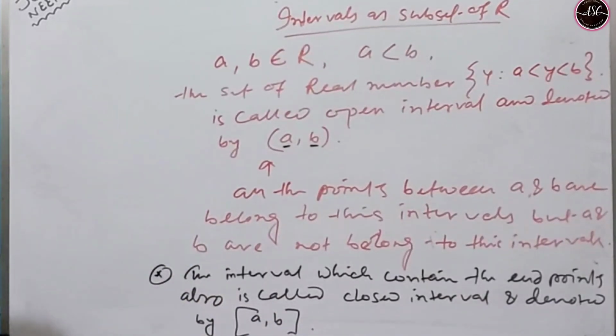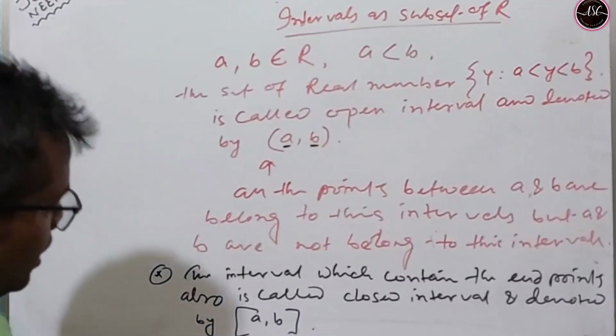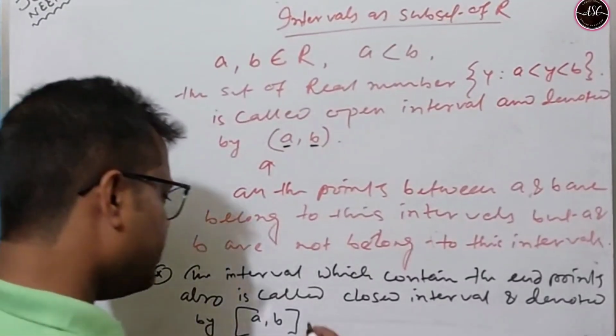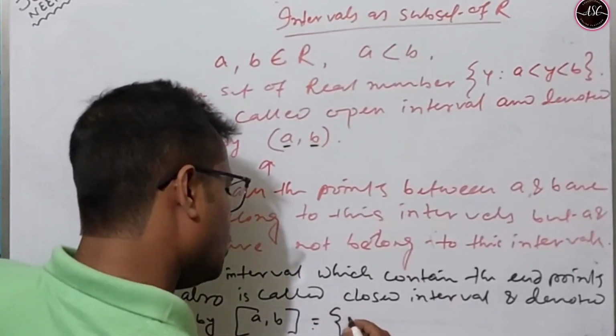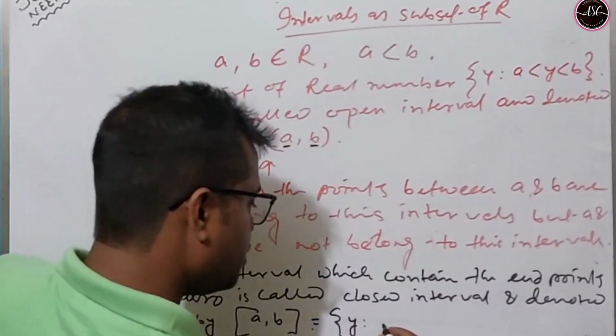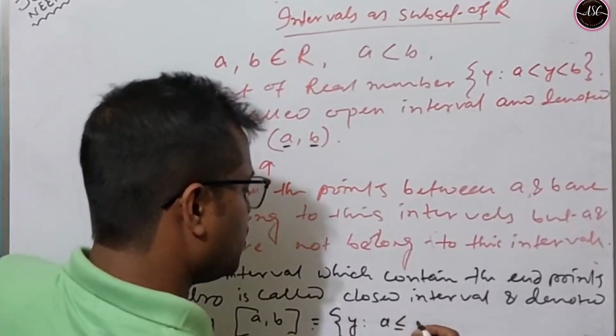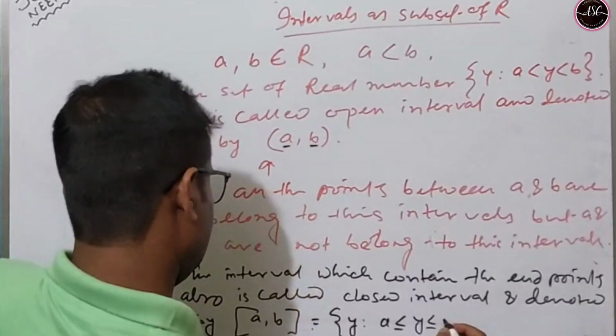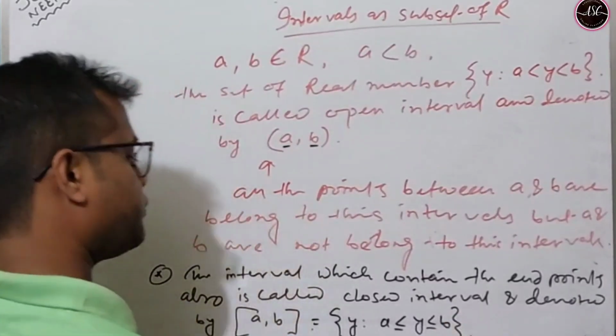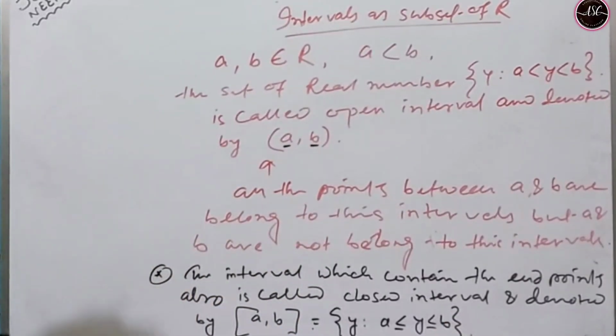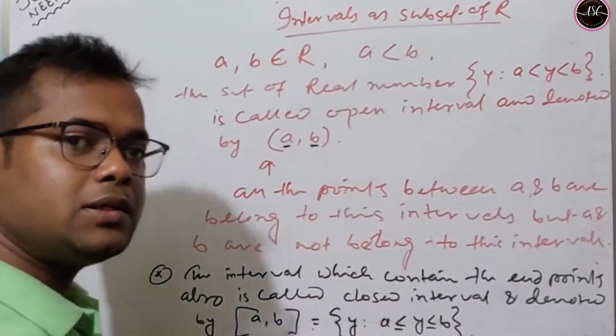Then this set can be expressed as y such that a less than or equal to y less than or equal to b. These two points are very much important.